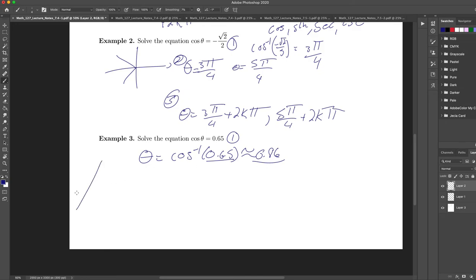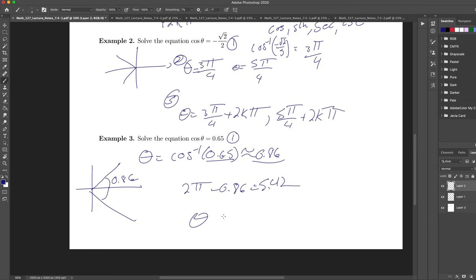So here, let's go ahead and draw a picture so it'll make it easier to explain what I'm thinking about. So this is 0.86. So that's my first one. So what's my other theta? Well, my other theta is here, right? How do I get that? It would be 2 pi minus that angle, right? So it would be 2 pi minus 0.86, which gives me 5.42.